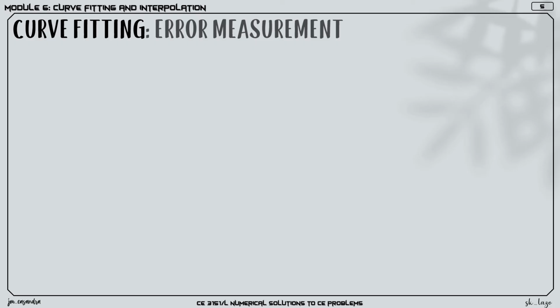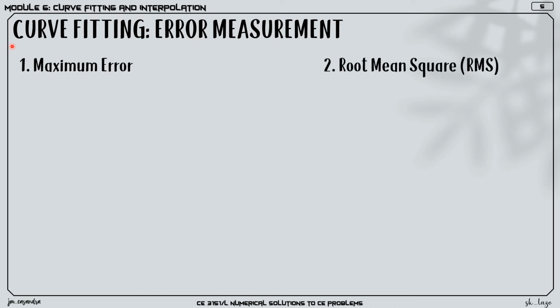For the measurement of the error, or the epsilon, which should be as much as possible minimized in our curve fitting, two general methods are followed. The first one is what we call the maximum error, and the second one is the root mean square, or RMS.